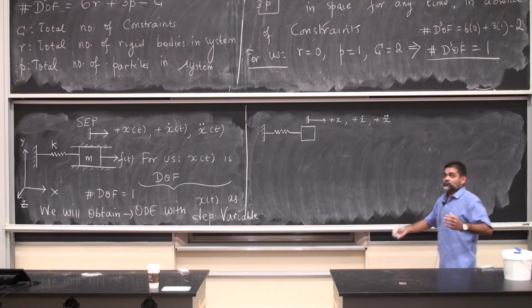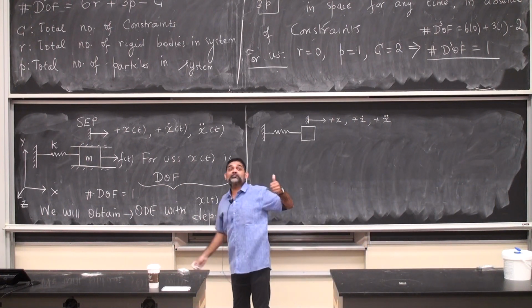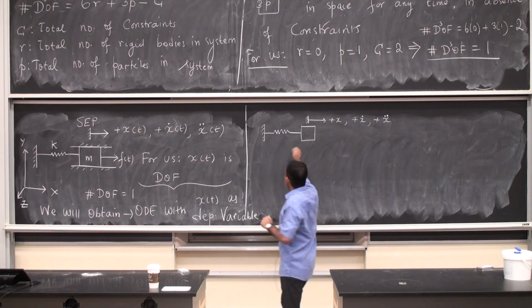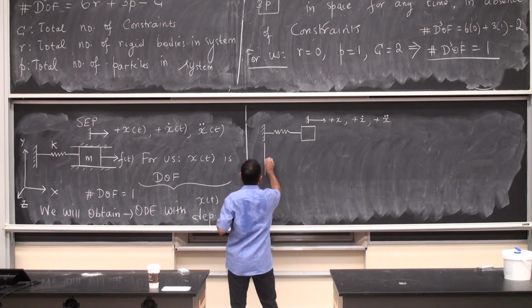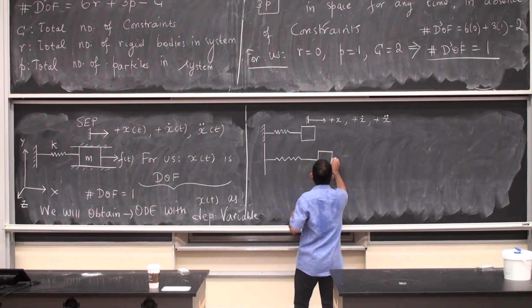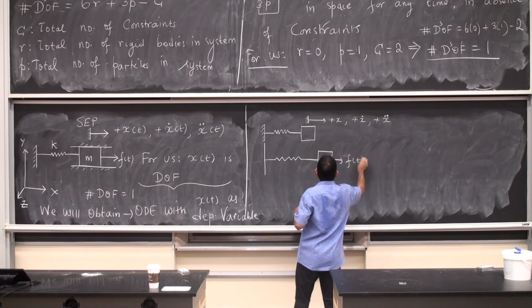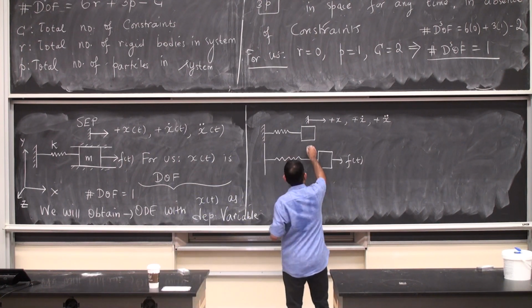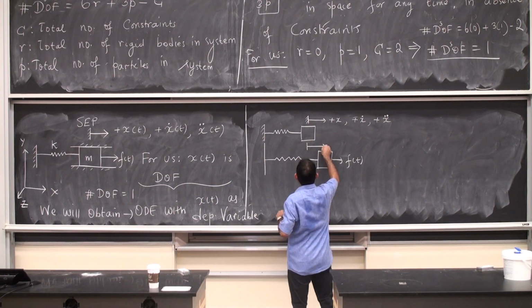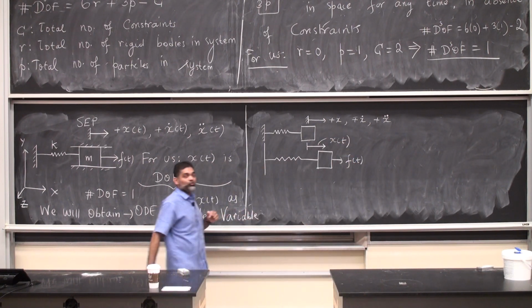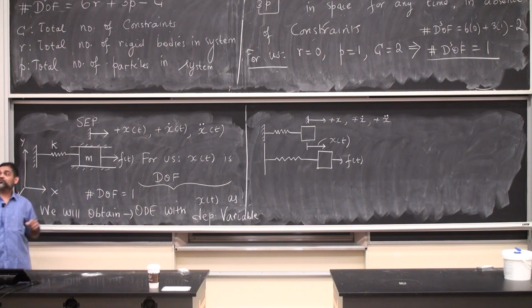Then I apply a force on this mass, and if my displacement is positive, hang on, I'll just complete this thought and then I'll come back to you, okay? If the displacement is positive, F of t is the force acting on the mass. The spring has been displaced by an amount x of t from its equilibrium position. This is the displacement of the spring.